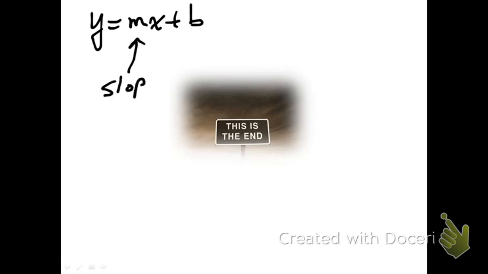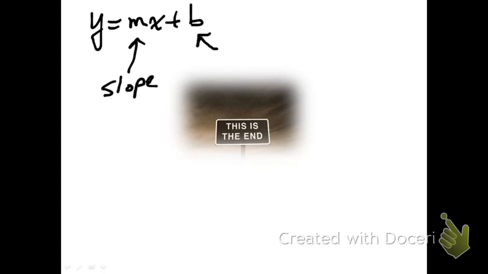So this is the end of the lesson, but just remember a couple of things. First of all, you're working with the slope-intercept form of a linear equation. If you're just given 2 points, first find the slope. Remember, that's the difference of the y's over the difference of the x's.